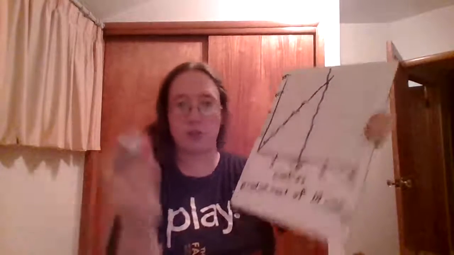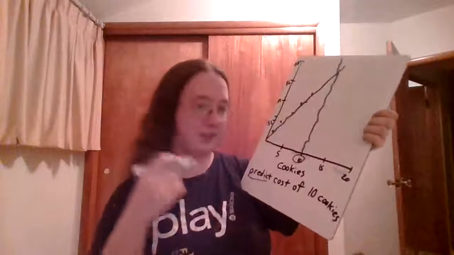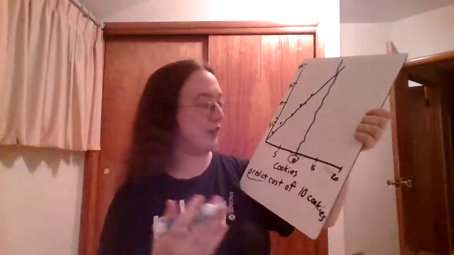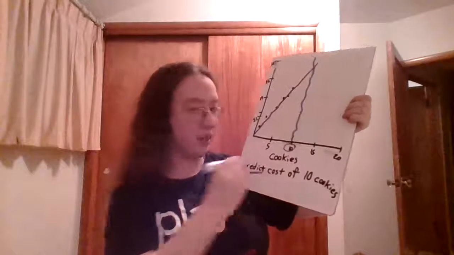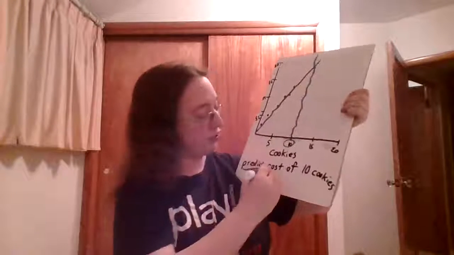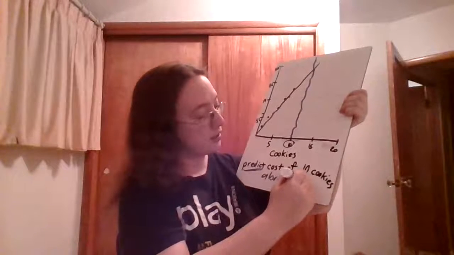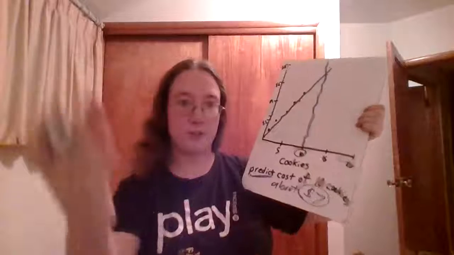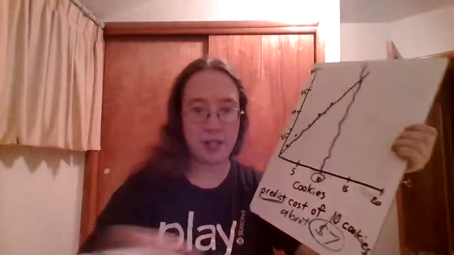And if you were a little bit off, high or low, that's fine. If you called it like $7.50 or you called it like $6.50, somewhere in that ballpark. Because again, we're just predicting, so close enough. So we're going to say that's about $7 for 10 cookies.